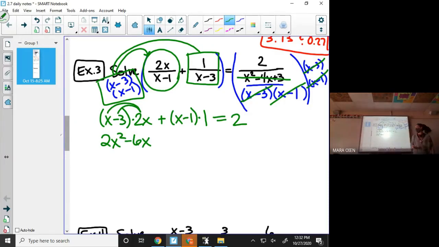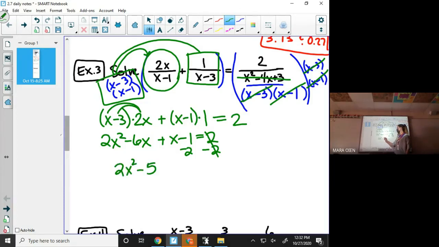Technically, I'm going to distribute out that 1. All that equals 2. I see I end up with a quadratic. Quadratics we solve by setting equal to 0. So I'm going to move this 2 over and combine like terms. So I've got 2x squared, looks like minus 5x minus 3 equals 0.